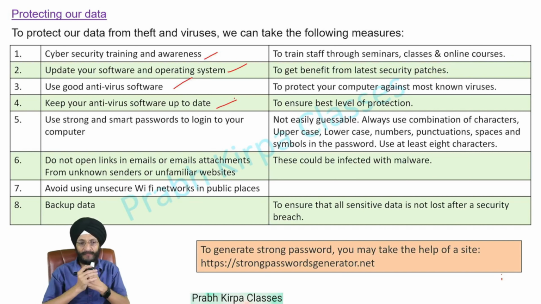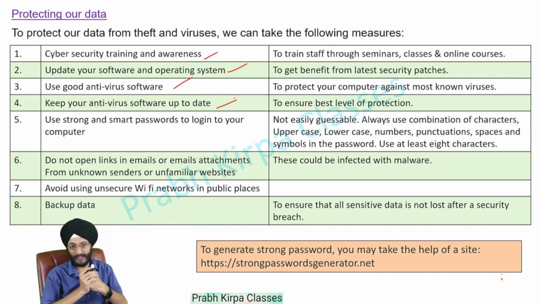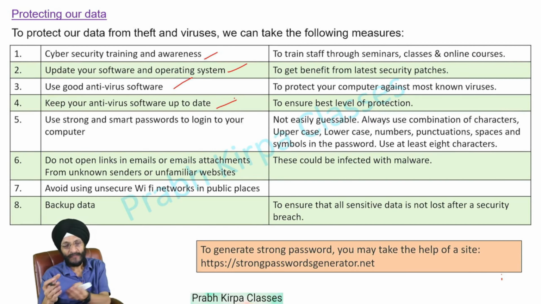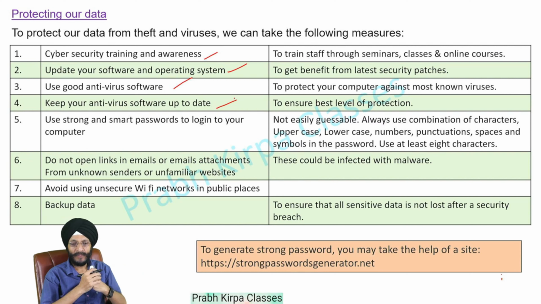We should use strong and smart passwords to log into our computers. For that purpose, we should not use the name of our relatives or date of birth. We should not use passwords which are easily guessable.